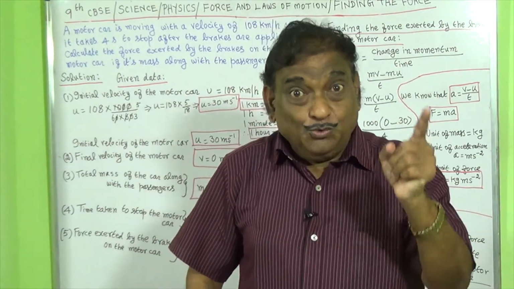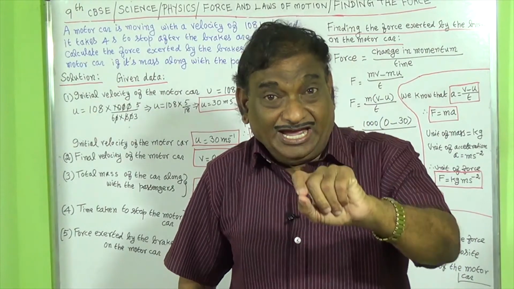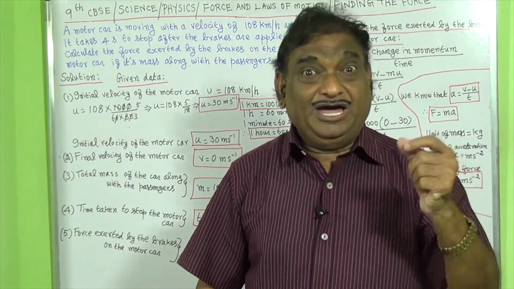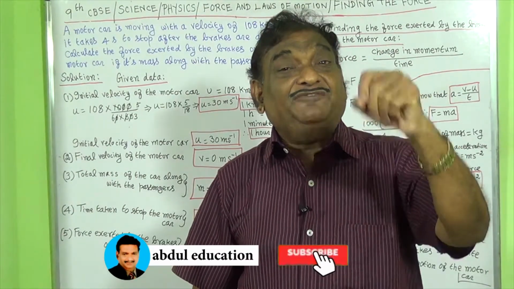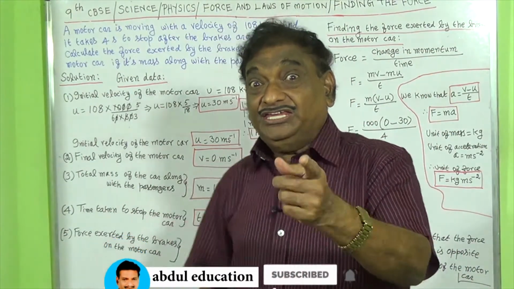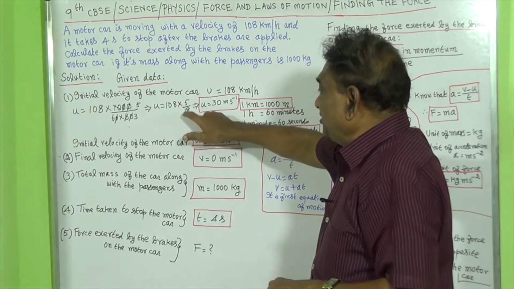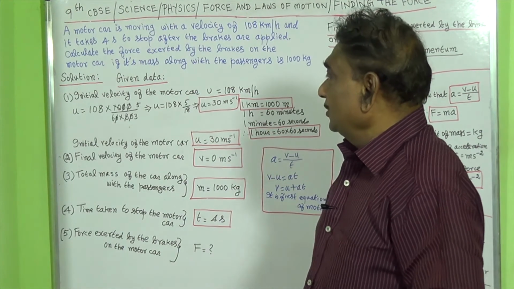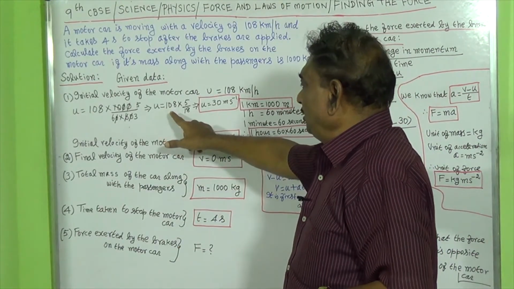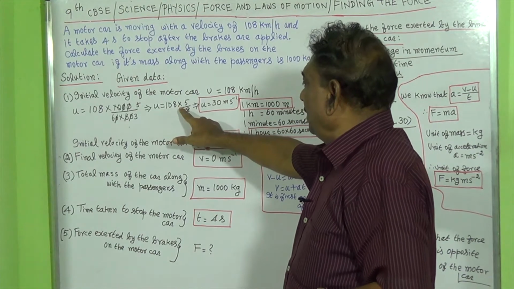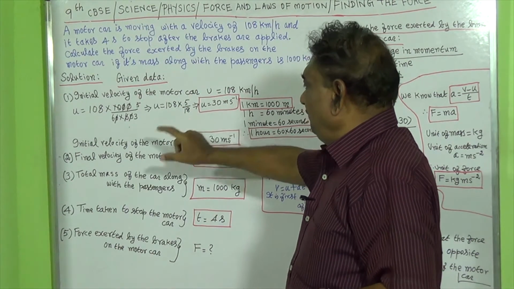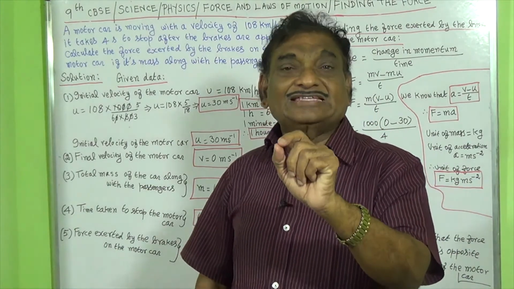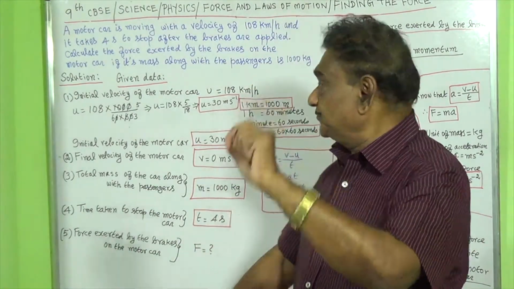Conversely, if you want to convert the meter per second into kilometer per hour, you can multiply the given data with 18 by 5. That is the reciprocal of this fraction. So, if we multiply 108 into 5 by 18, we will get 30 meter per second as the initial velocity.